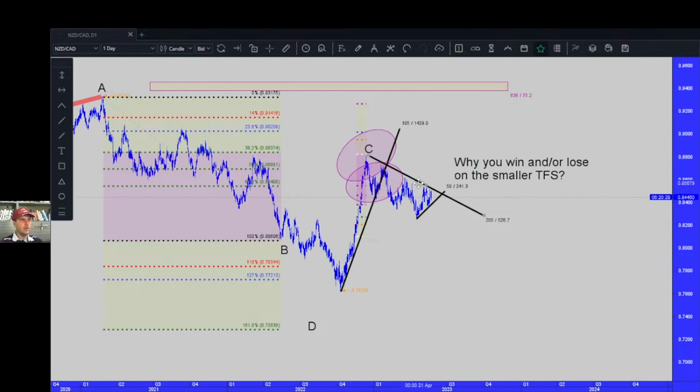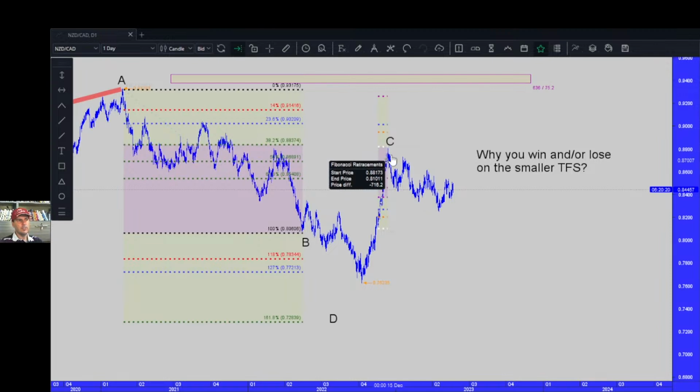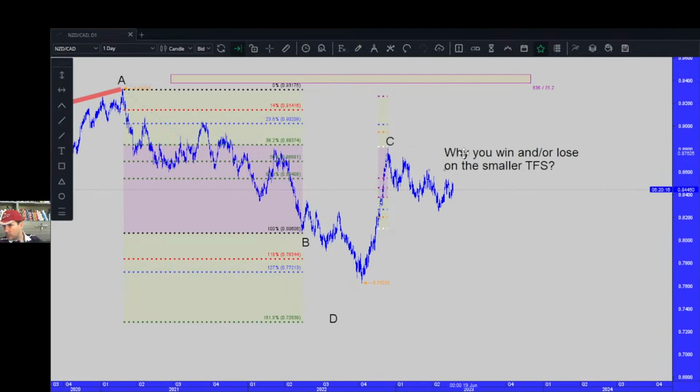Alright, everybody, why you win or lose on the smaller time frames. So this C, when the market starts trending down, lower lows, lower highs, everybody, to enter short trading original Fibonacci, the stop loss goes on A. To enter long, we would be trading sort of market wave.